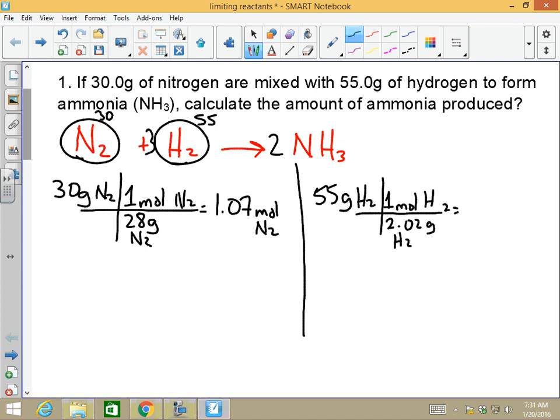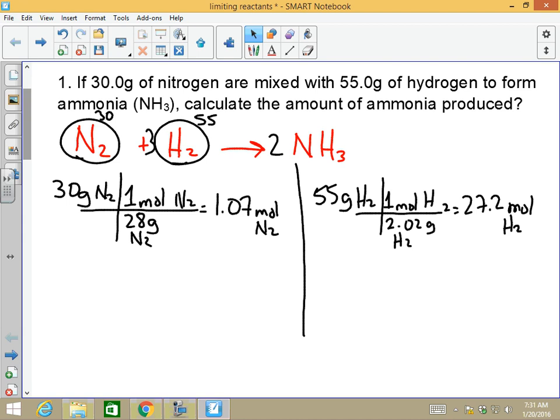When you multiply 55 times 1 divided by 2.02, you end up with 27.2 moles of H2. What these numbers represent is the amount of moles that you have available. That's what you have to work with.